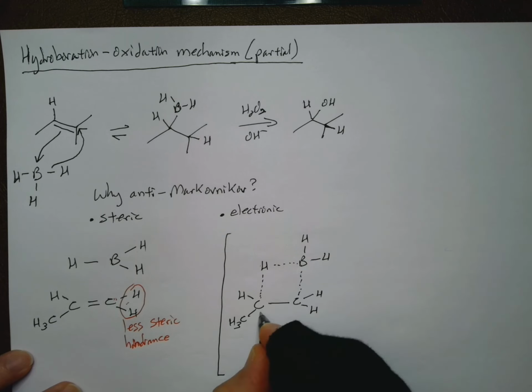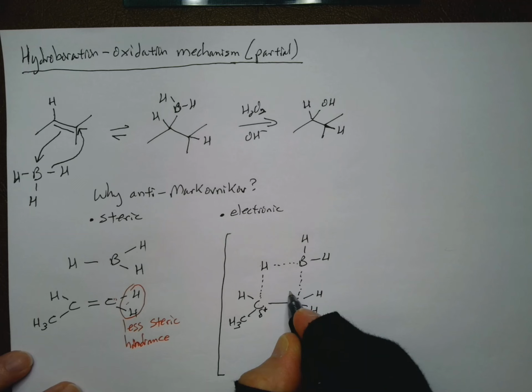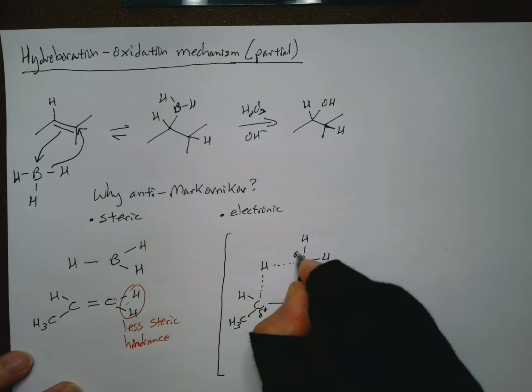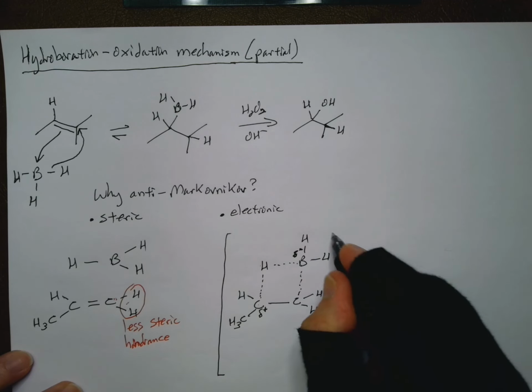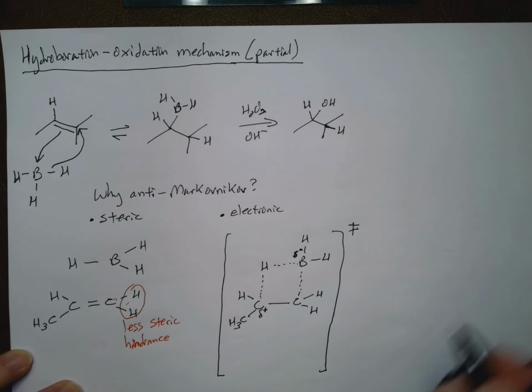And so what we'll end up with is a partial positive charge on that carbon, because the electrons from that CC bond are going to make the new CB bond. And we'll actually get a partial negative on the boron here, delta minus. So this is our transition state, double dagger there.